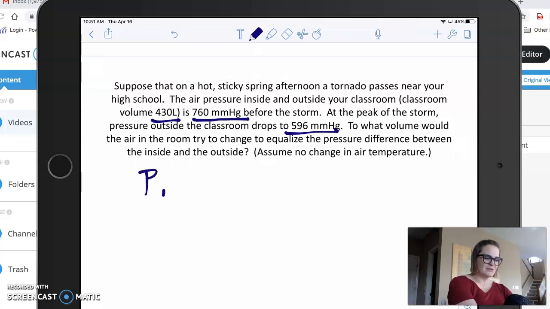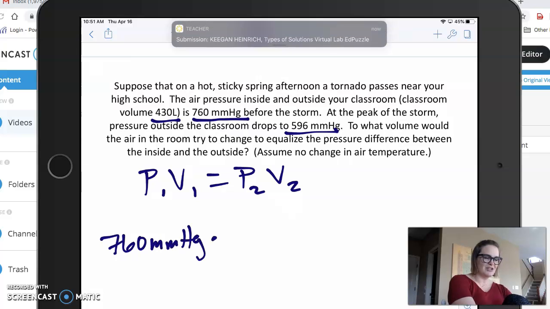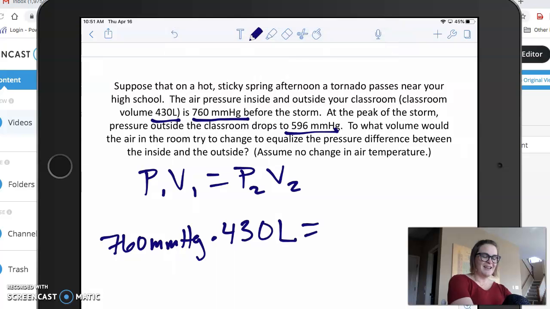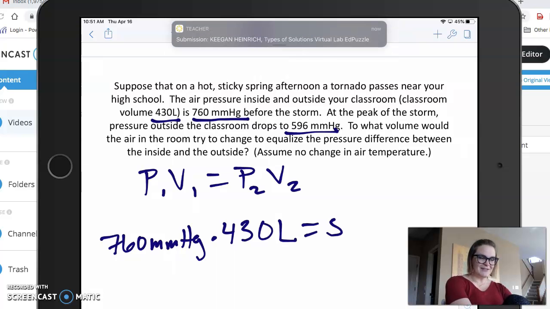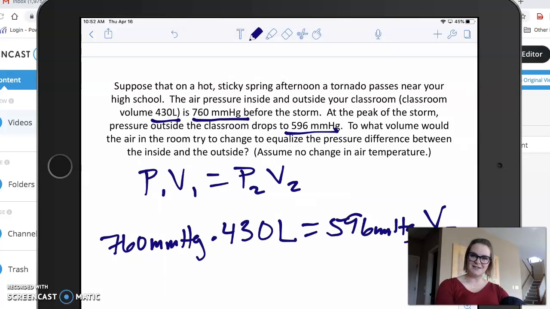So we can use Boyle's Law since this problem is just dealing with those two, and our initial pressure is 760 mmHg, and the volume of that is 430 liters, and I'm changing the pressure to 596 mmHg. We can now solve for what the new volume would have to be for that to happen. And since it's inverse, if the pressure decreased, what would have to happen to the volume? Yeah, it would have to get bigger because they are doing opposite things.